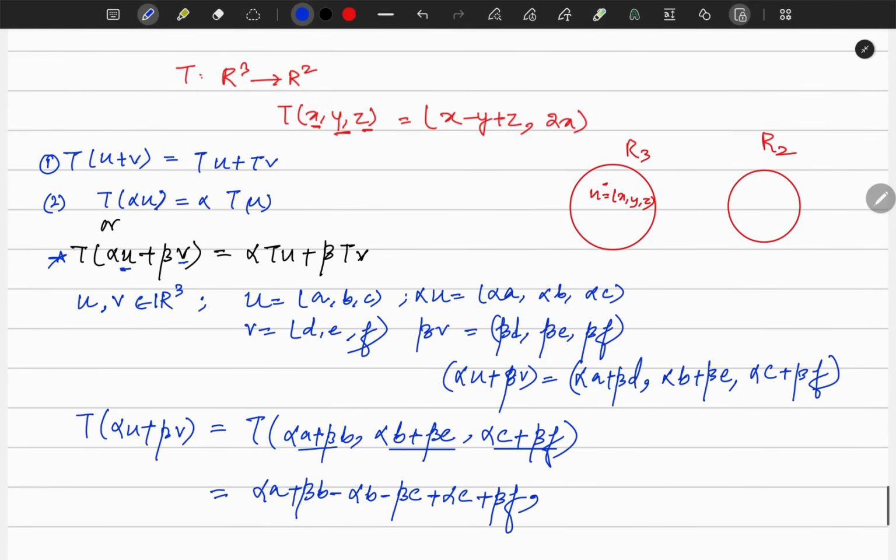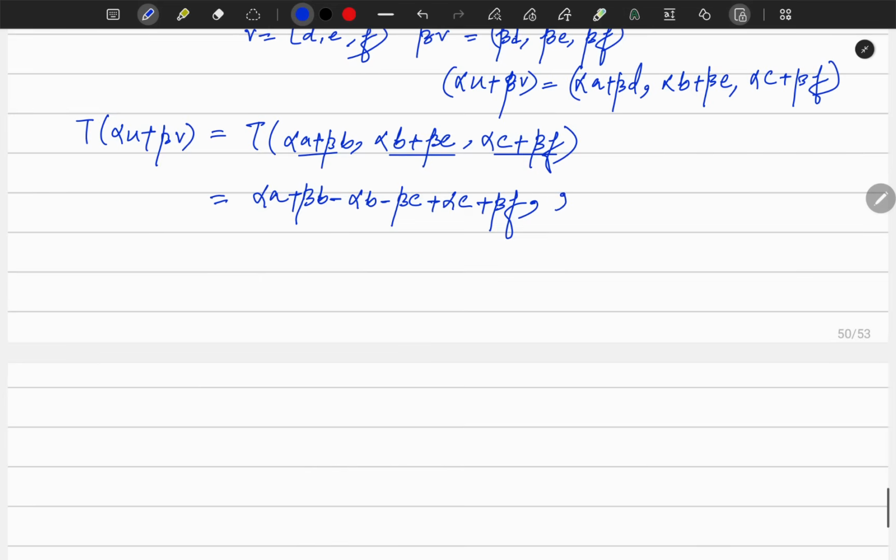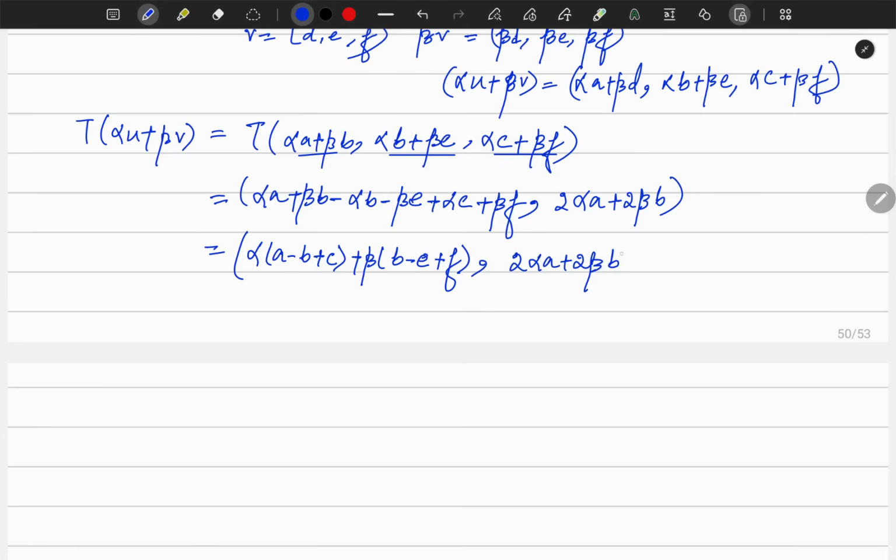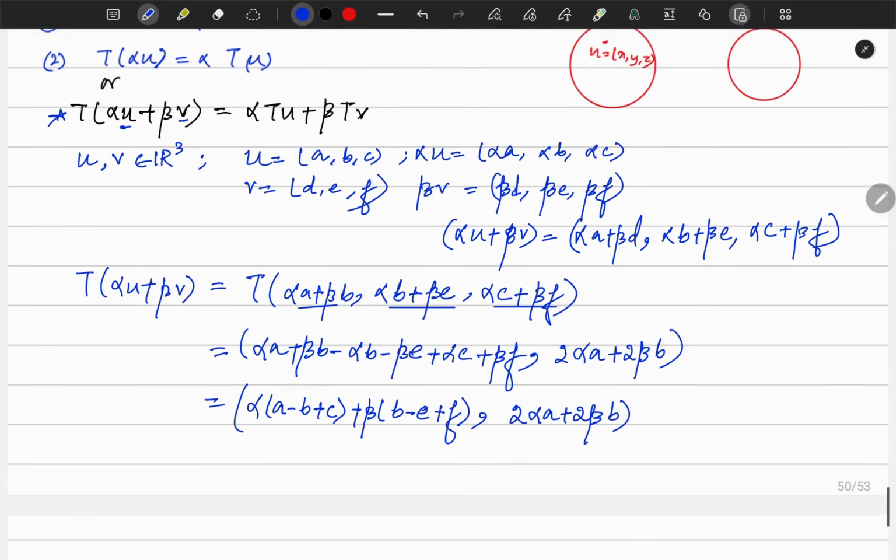And then 2 times the first one, that is 2 times alpha a plus 2 times beta d. You can write it in this way as well: take the alpha common. So you can write alpha times (a minus b plus c) plus beta times (d minus e plus f), comma, similarly 2 times alpha a plus 2 times beta d. So this is T of alpha u plus beta v.